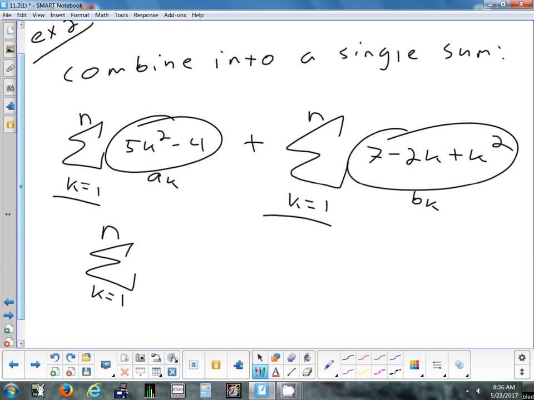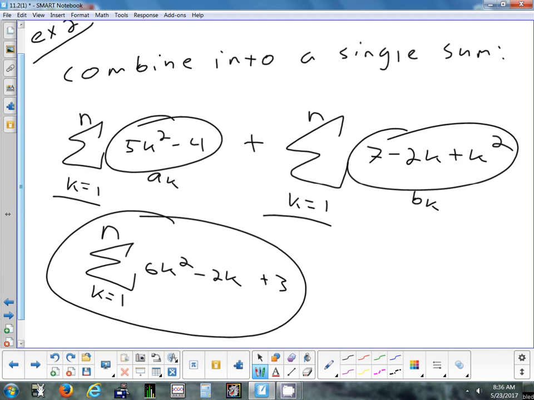What do you get when you combine those two together? Yeah, you get 6k squared. Yep, minus 2k. Plus 3. Perfect. That's it. Any questions on how we combine those two summations into one? Just like combining like terms.